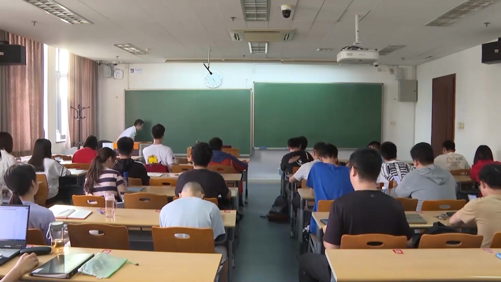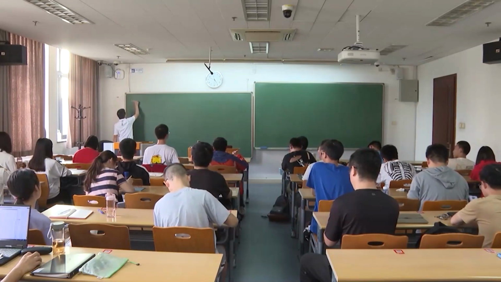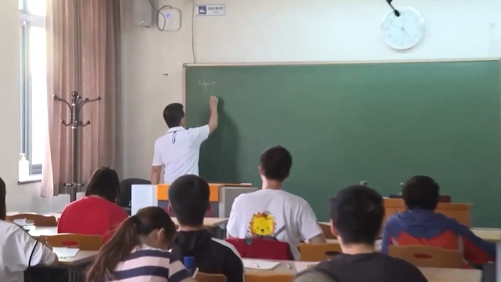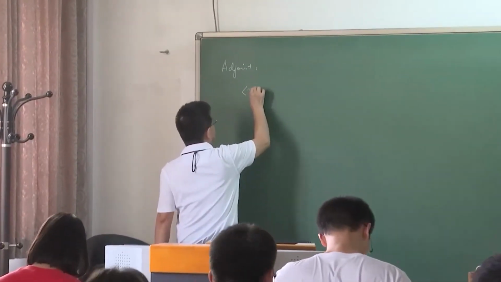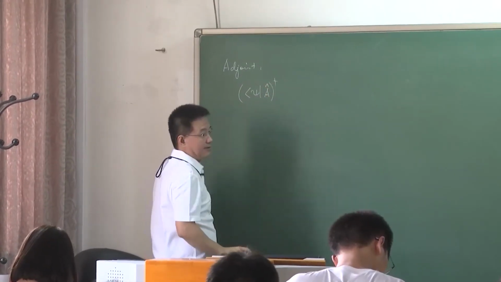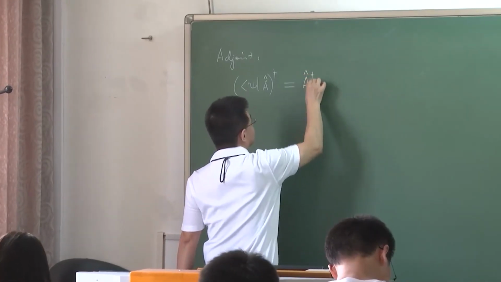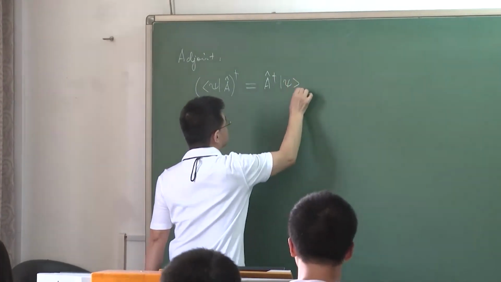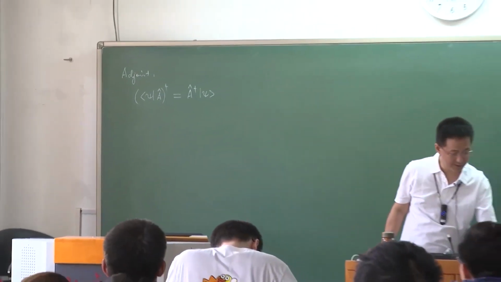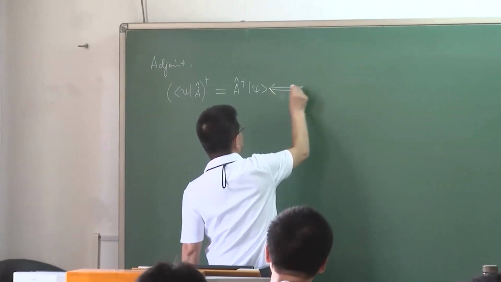Let me mention the adjoint operation first. What is the adjoint? We have a very simple definition of that. If you have this, the dagger or the adjoint of this is equal to this. This is one of the definitions of the adjoint operation, and it is equivalent to this definition.